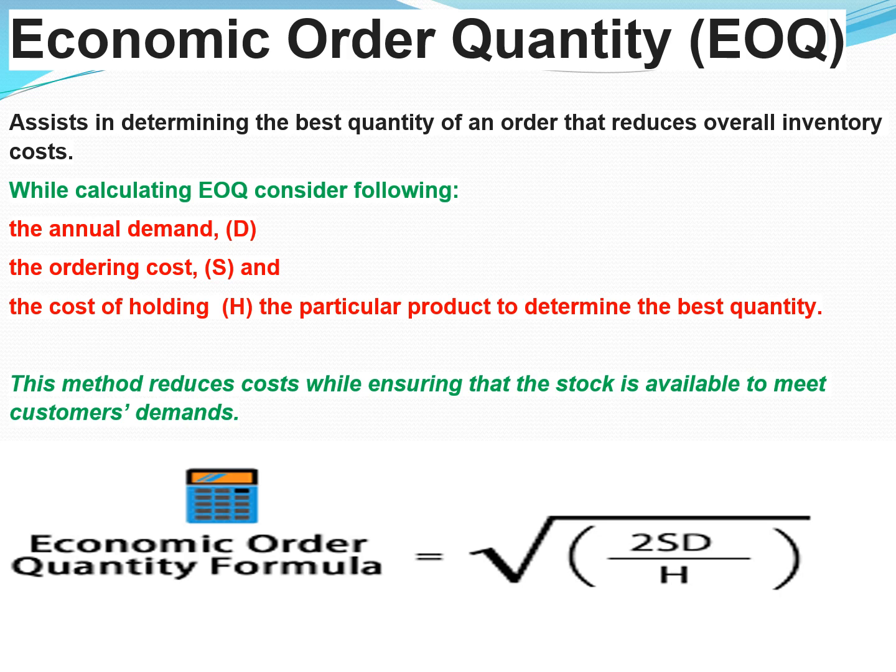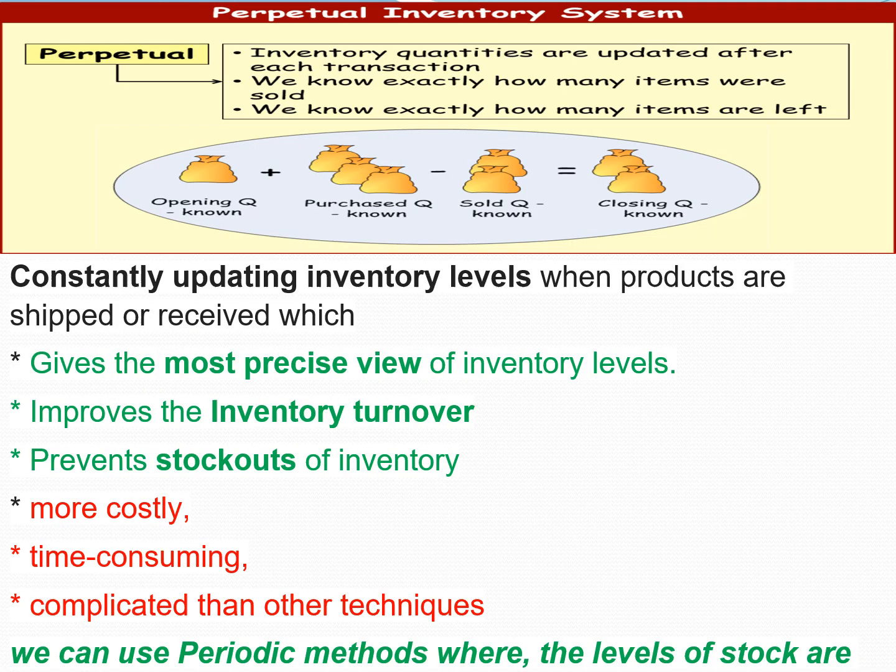We calculate this by using the formula where we consider annual demand, which is D, ordering cost, which is S, and the cost of holding the particular inventory product, which is H. So this determines the best quantity which we can order. This method also reduces the cost while ensuring that the stock is available to meet customers' demand.